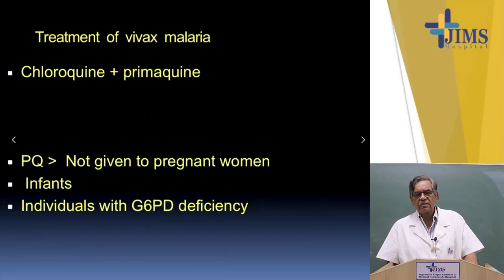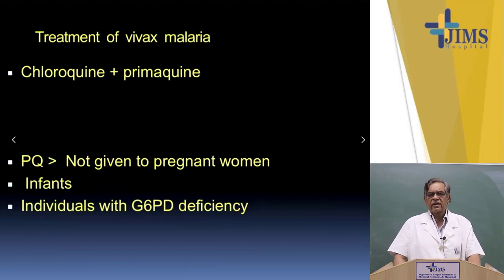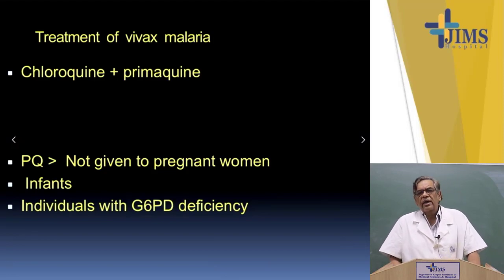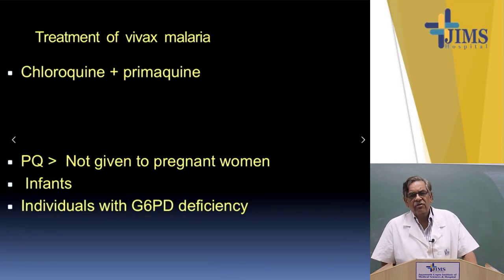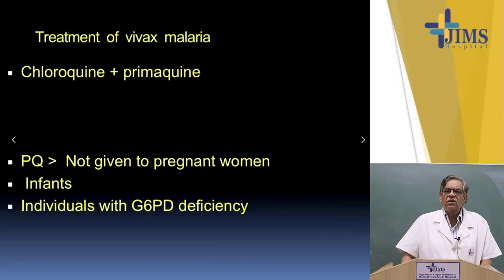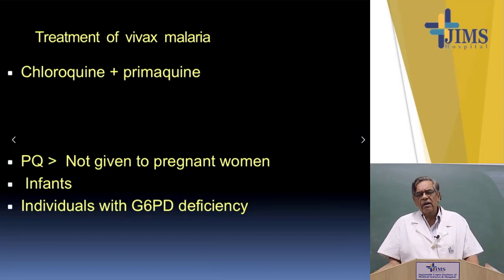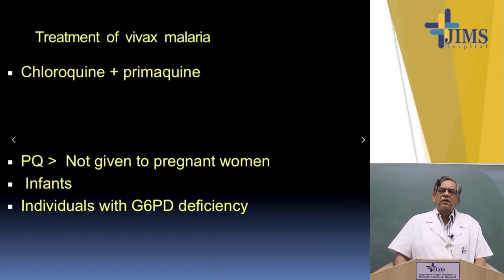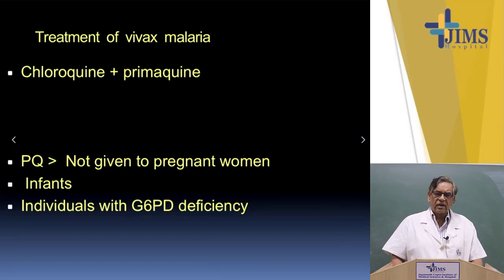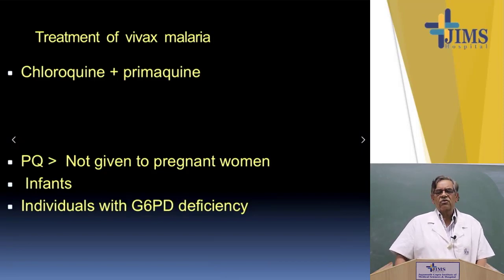Treatment of vivax malaria. Now let us talk in terms of a rural area, an endemic area for malaria, where there are a lot of patients who have fever. So when a patient has fever without other symptoms like cough, burning micturition, or some skin lesion, we suspect it to be a case of malaria.